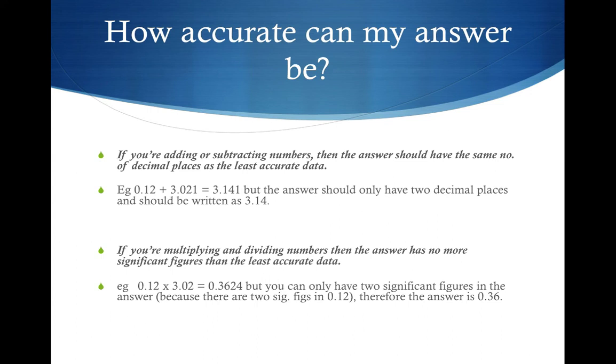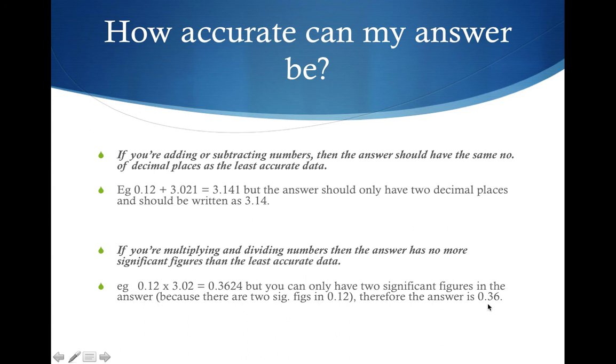If you are multiplying or dividing, which is for most of our calculations, then we are looking at the number of significant figures. So here, this bit of data's got 2 sig figs, this one's got 3. If we multiply them together, the answer that will come up on our calculator has got 4 sig figs. But we can only be as accurate as this piece of data here was.